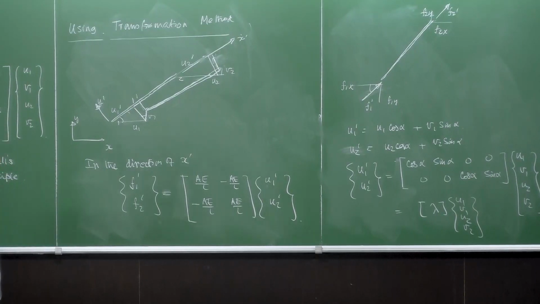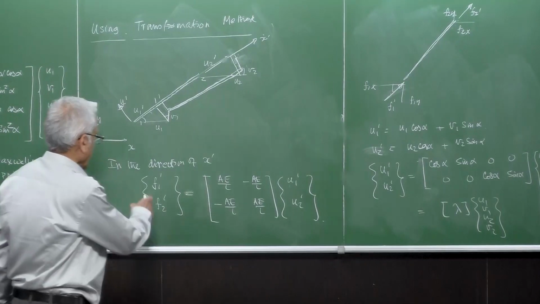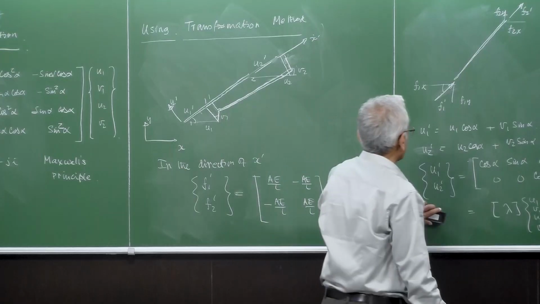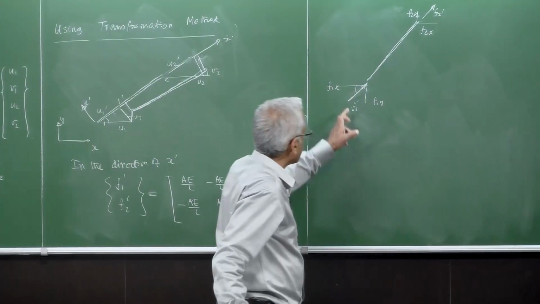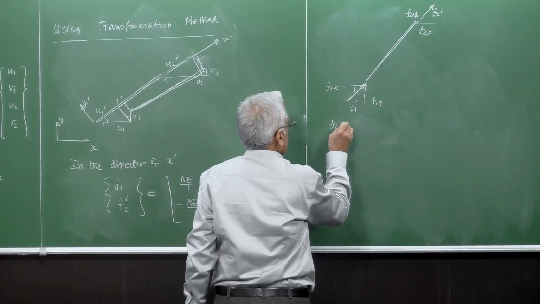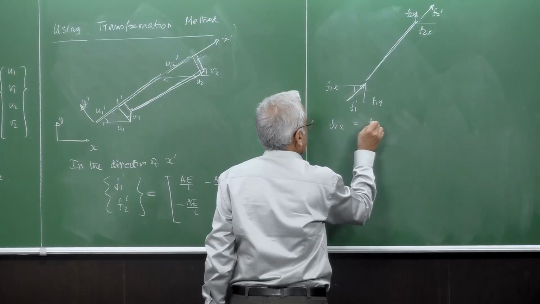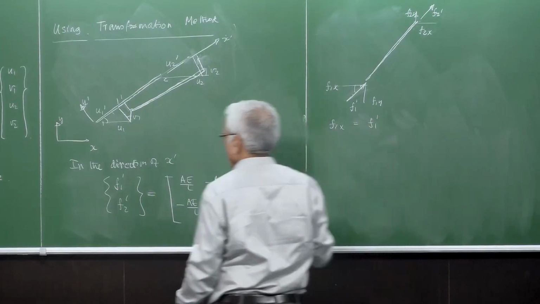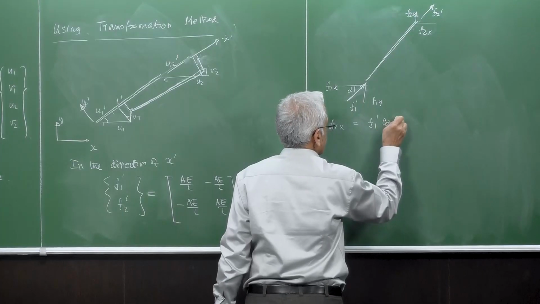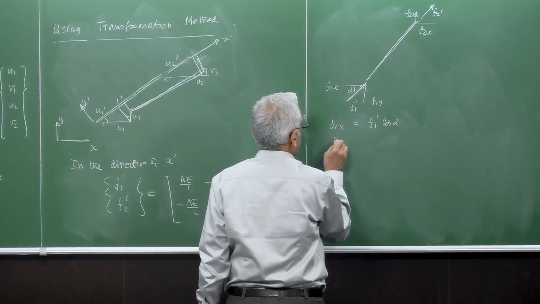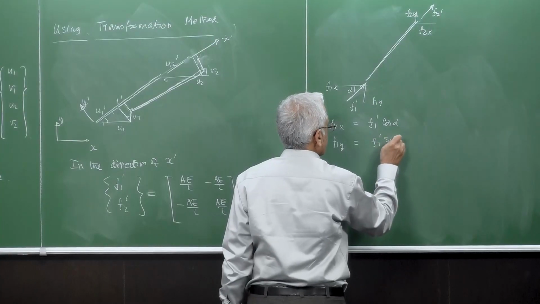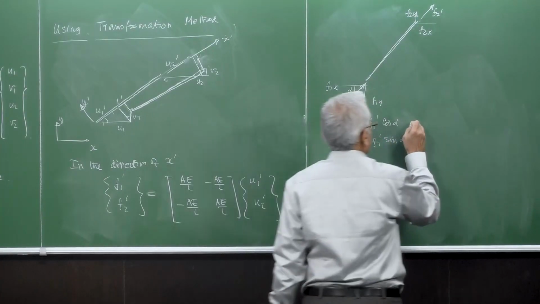Apart from that, having got f1 prime and f2 prime, f1x is nothing but f1 prime cos alpha, and f1y is nothing but f1 prime sin alpha, right?